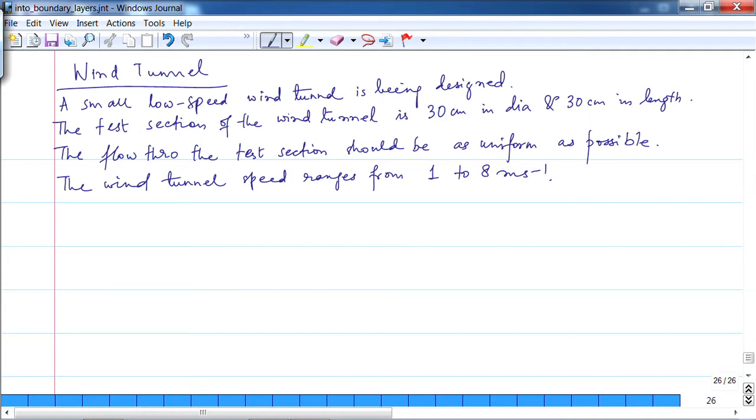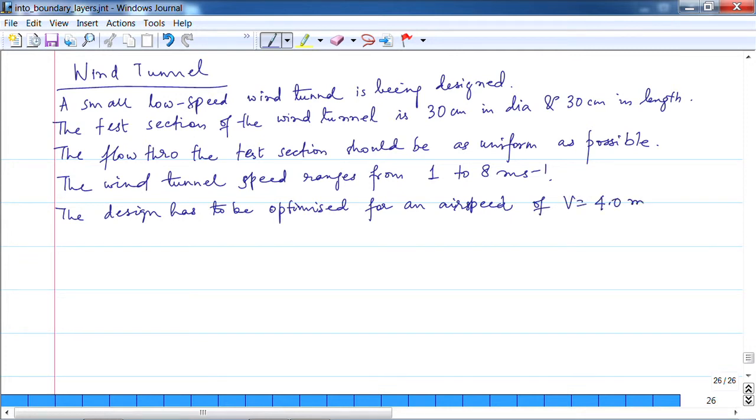Now, the design has to be optimized for an airspeed of 4 meters per second through the test section.